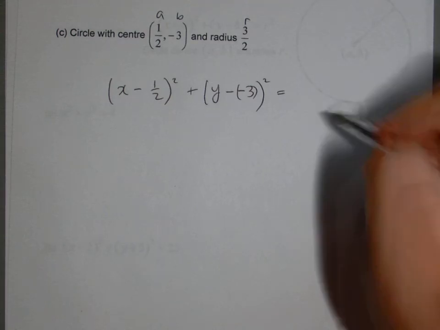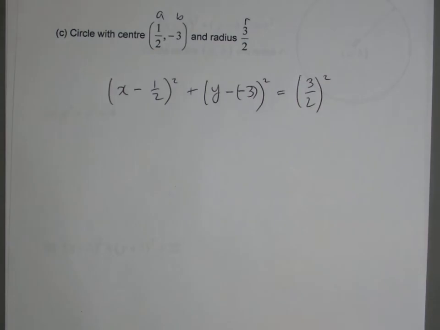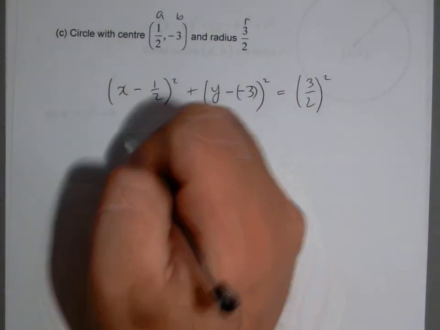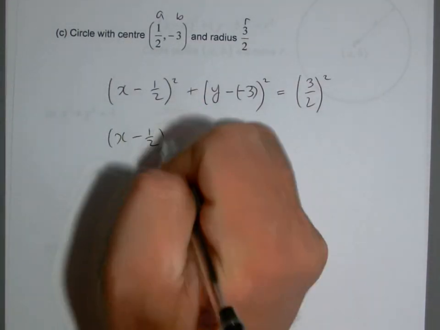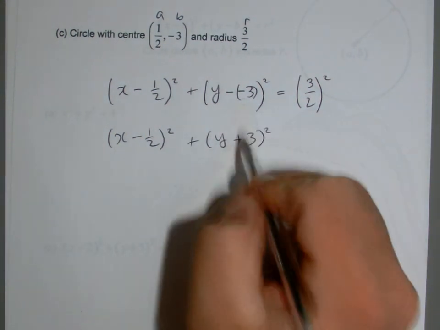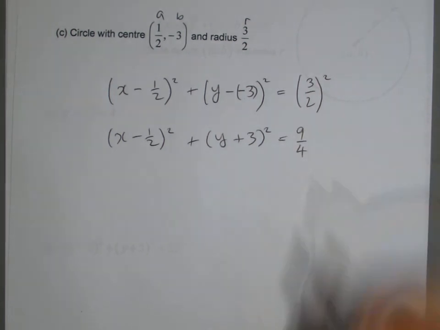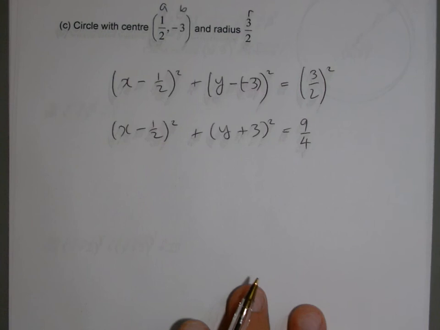So there's my r, so I need to square this. So I end up having (x minus a half) all squared plus (y plus 3) all squared. Two negatives make a plus. When I square r, we'll just square top and bottom, so you get 9 over 4. 3 squared is 9, 2 squared is 4.